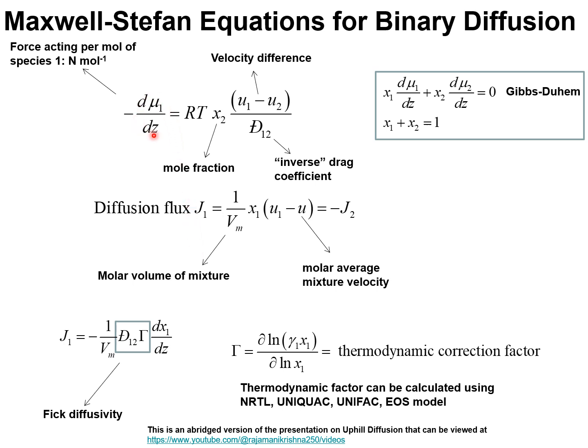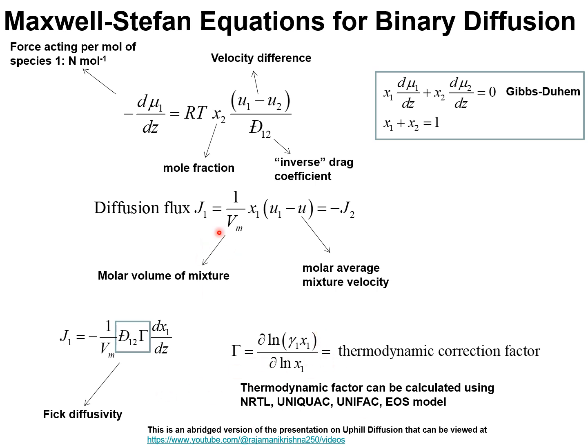Rather than use the chemical potential gradient as a driving force, it is convenient to define a thermodynamic correction factor given by this expression, which quantifies departure from ideality. Indeed, if the activity coefficient is unity, gamma is equal to unity.